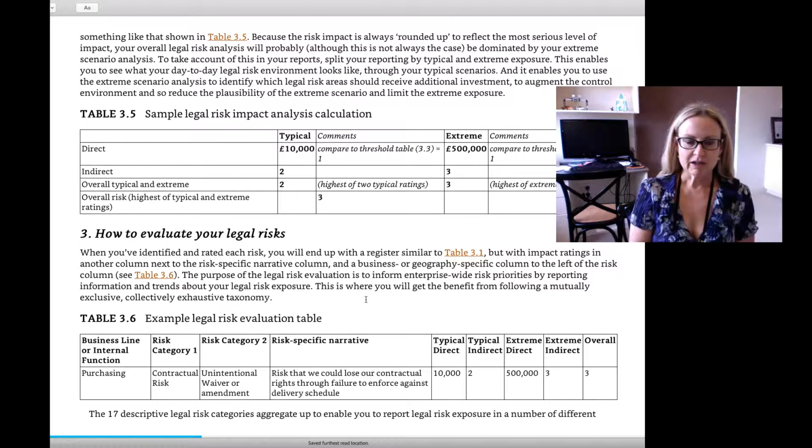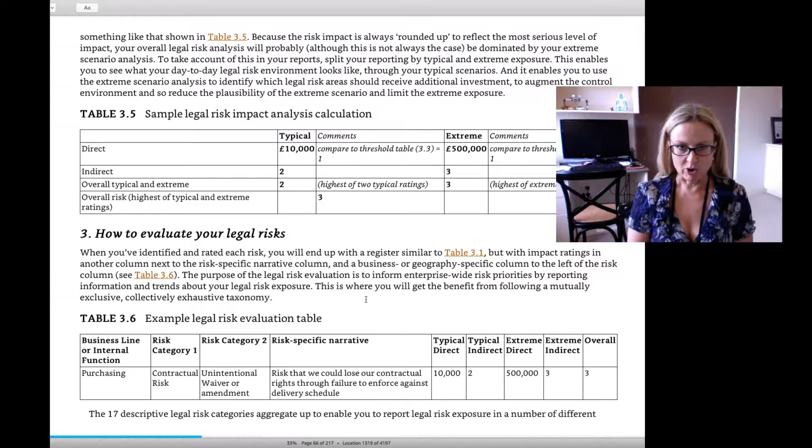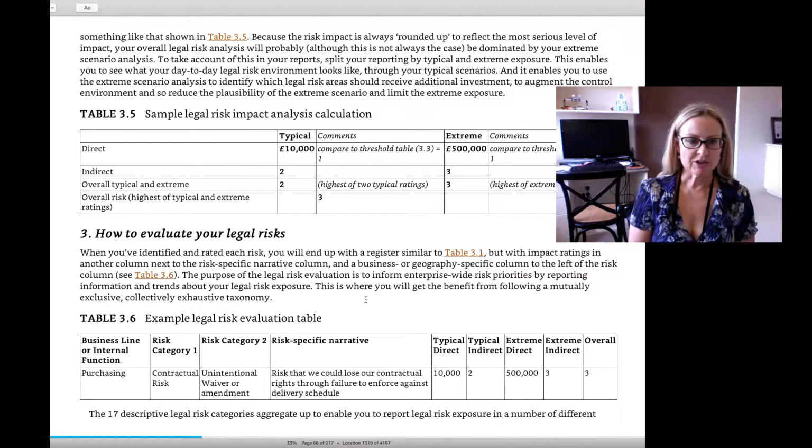So compiling that all into your matrices, you can see in table 3.5 here, they've done the analysis for a particular risk. The direct financial consequences of that risk occurring typically would be around £10,000. In the extreme scenario, it would be perhaps $500 million. The indirect losses are rated typically 2 out of 4. In this extreme scenario, perhaps 3 out of 4.